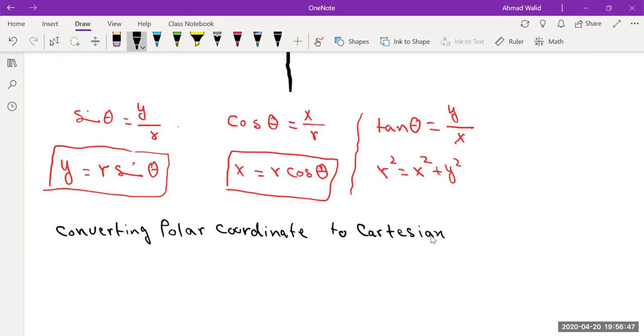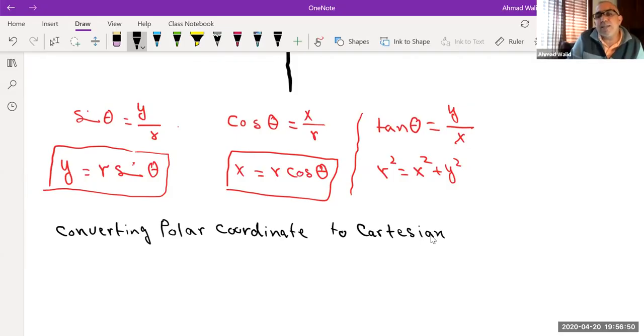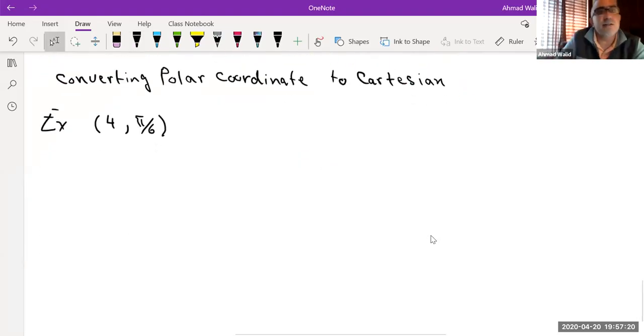How to convert a polar coordinate to Cartesian? For example, they give you these polar coordinates. Convert 4 and pi over 6 to Cartesian coordinates, right? I know 4 comma pi over 6 is polar because the first number is r, the second number represents theta.